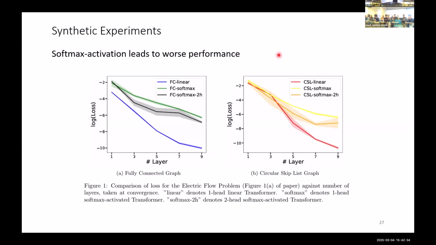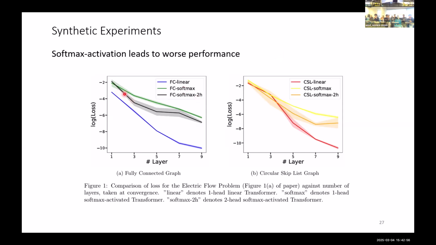Here's another set of experiments studying what happens if, instead of using a linear transformer, we use a softmax activated transformer, which I guess is the real transformer. And it doesn't do nearly as well.